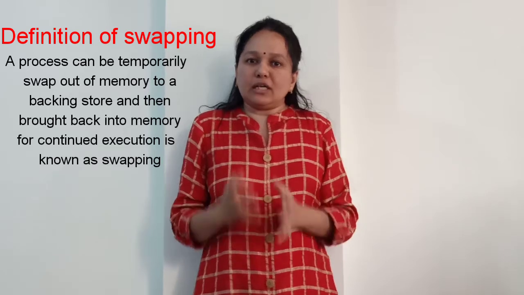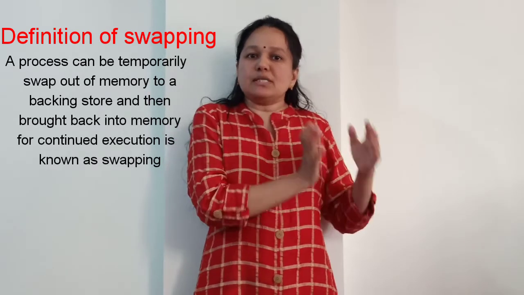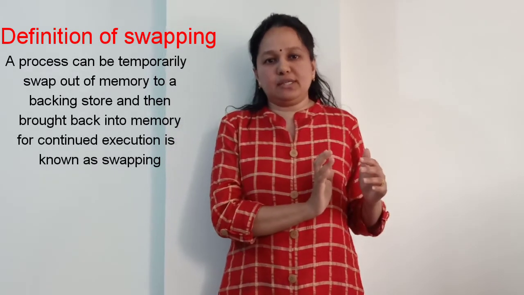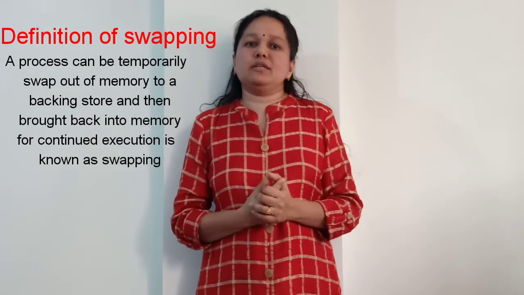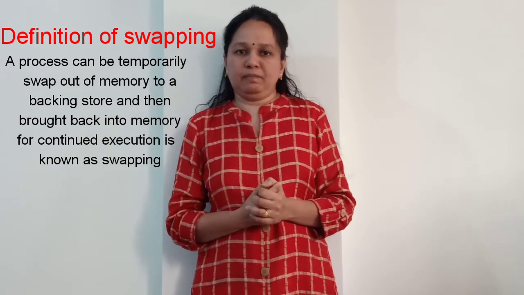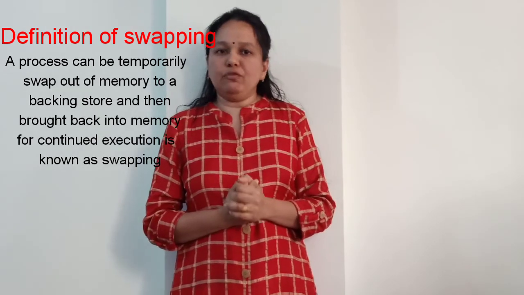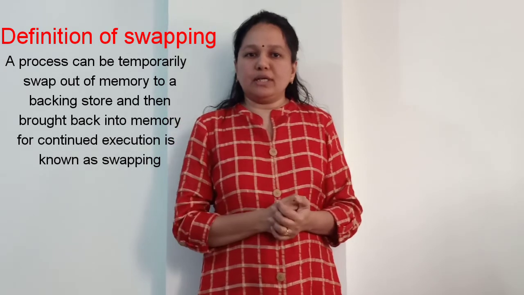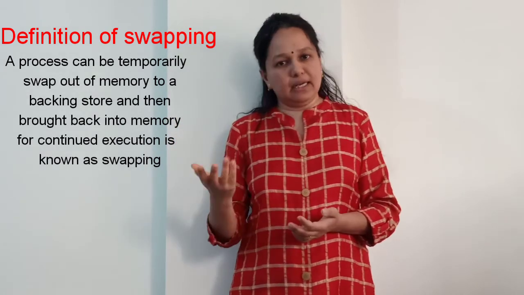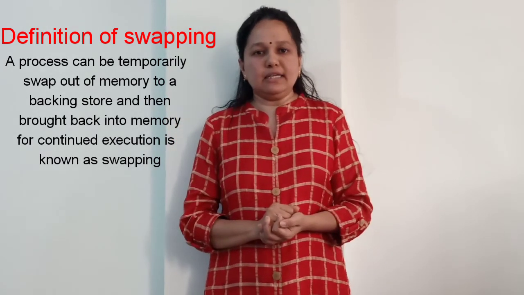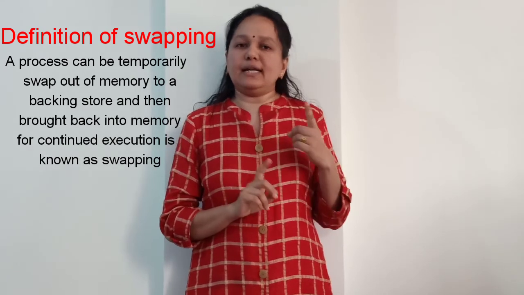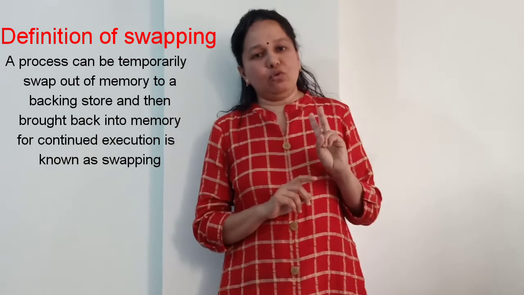From this we achieve that the CPU continuously has something to execute and we get the maximum CPU utilization. So in this video we have covered two important points: basic concepts related to memory management, that is physical and logical address, and swapping and overlap swapping.